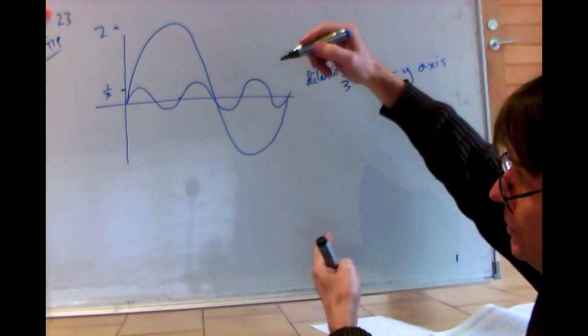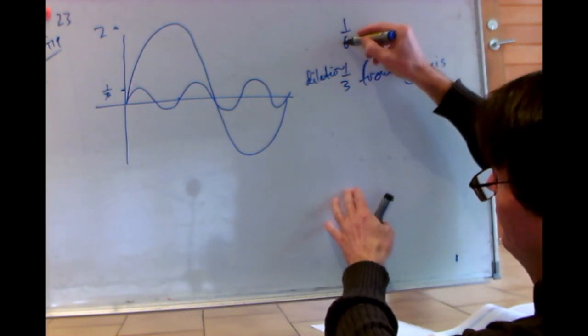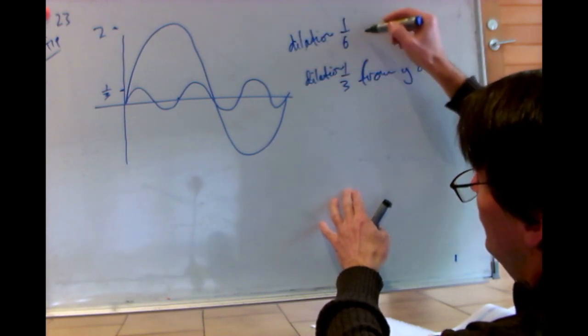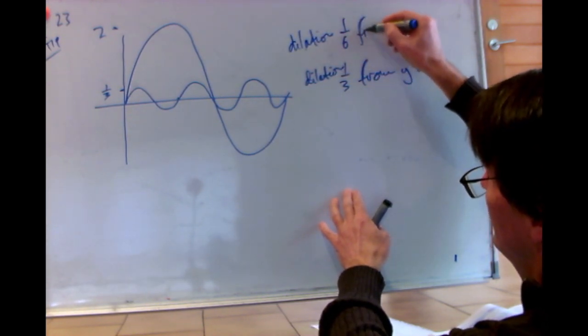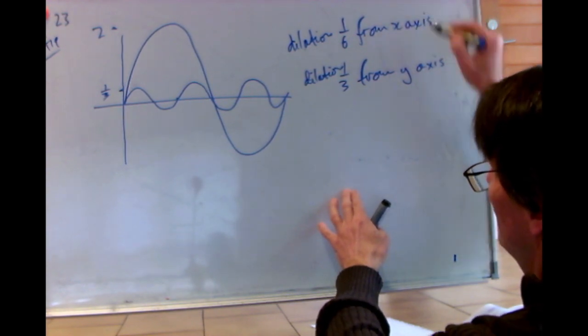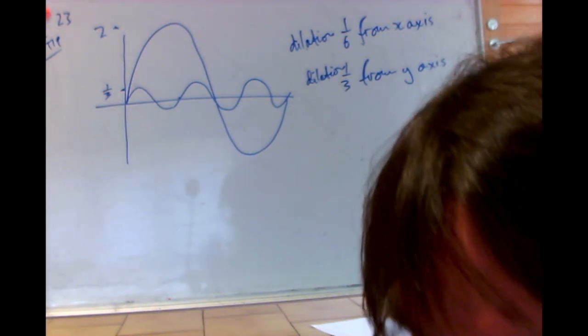So I'm multiplying 2 by 1/6 to turn it into 1/3. So dilation 1/6 from x-axis. Then my pair of transformations that have happened for part C.